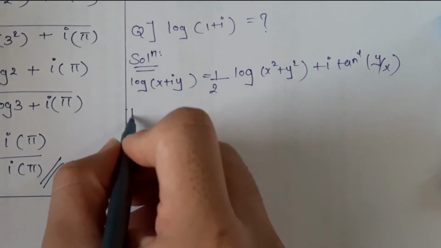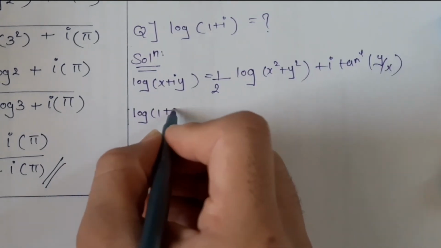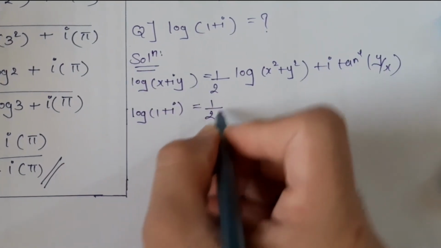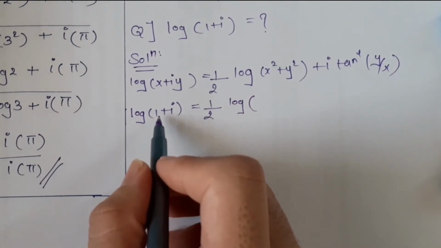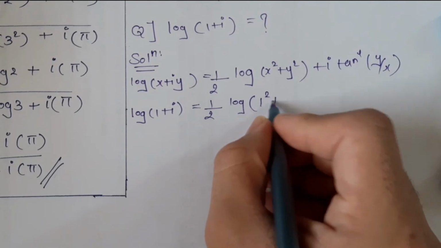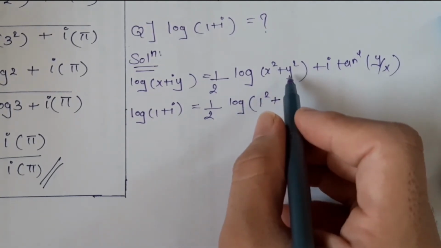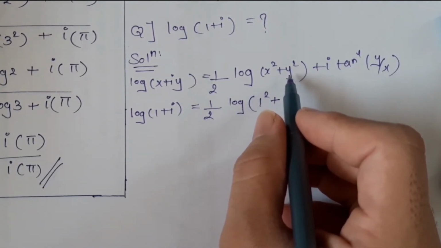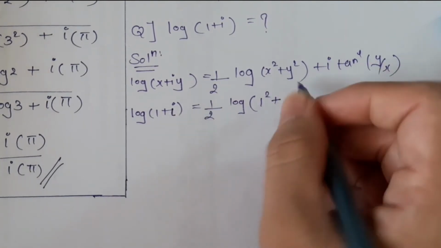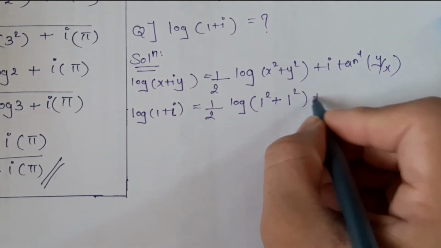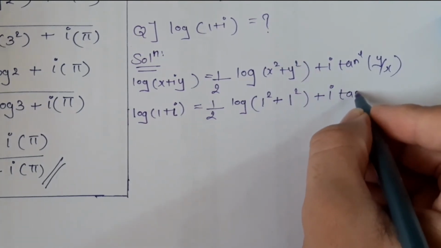Okay, so now log of 1 plus i can be written as 1 by 2 into log of, now what is the real part? Real part is 1, so 1 square plus this is y. Y is the coefficient of the imaginary part. So here the imaginary part is i and its coefficient is 1. So we will write 1 square plus i into tan inverse of y.